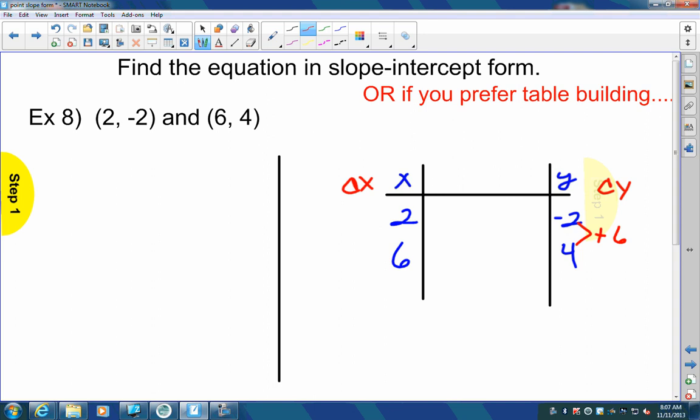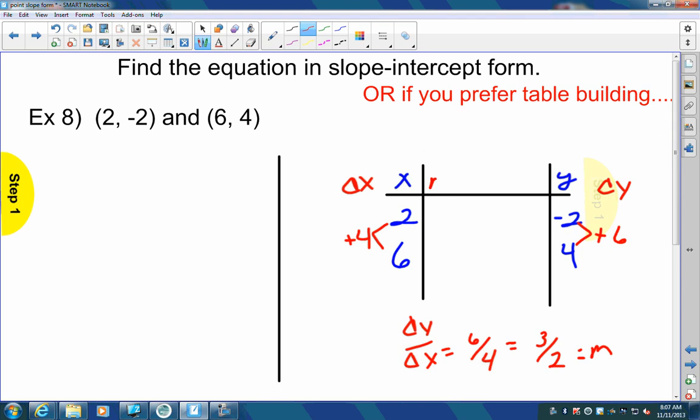Delta x plus 4. Delta y divided by delta x is 6 divided by 4. You need to reduce that. Remember, you can put in the calculator 6 divide 4, math, enter. It will do it for you, or I just divided 2 out, and I get 3/2. This is my slope. That's my m.